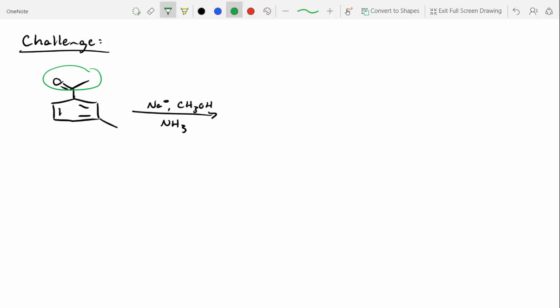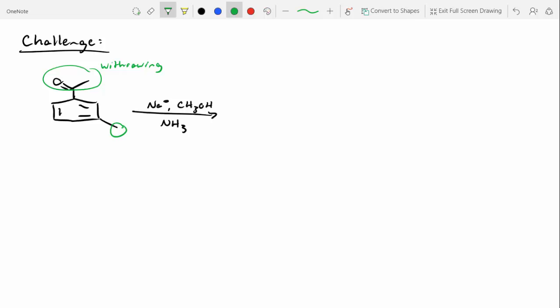Is that electron withdrawing or donating? Withdrawing. What about a methyl group? This is a little bit tricky. It's bringing back that concept of hyperconjugation. That methyl group is sp3 hybridized.